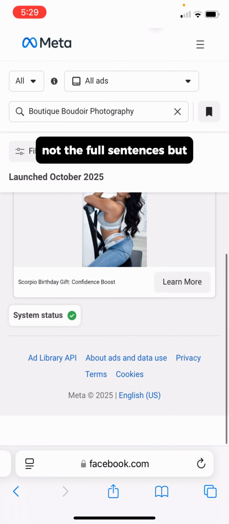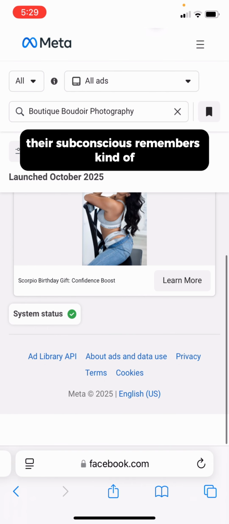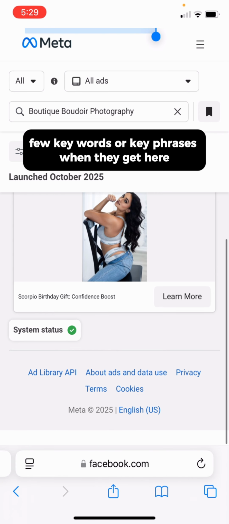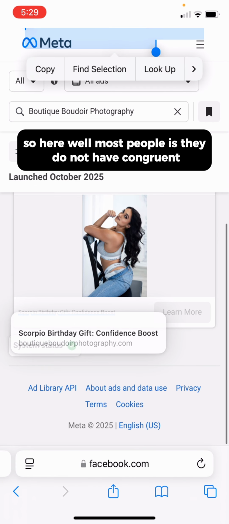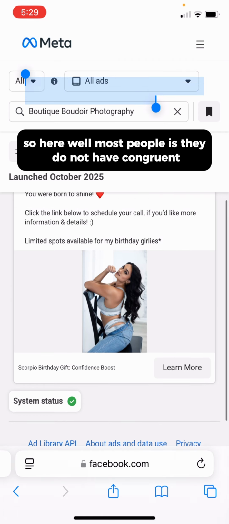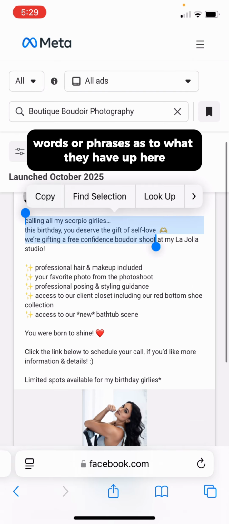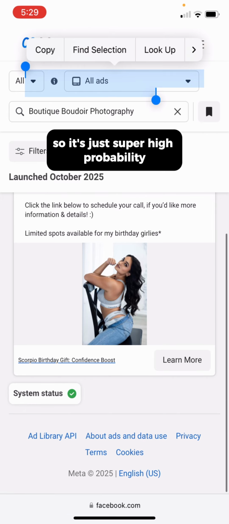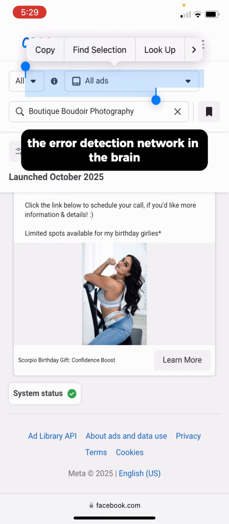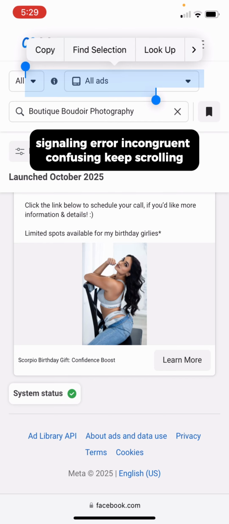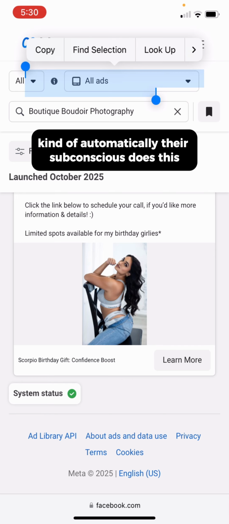Not the full sentences, but their subconscious remembers a few keywords or key phrases when they get here. Most people do not have congruent words or phrases down here compared to what they have up there. So there's a super high probability of incongruent messaging, which triggers the error detection network in the brain, signaling error, incongruent, confusing, keep scrolling. Their subconscious does this automatically.